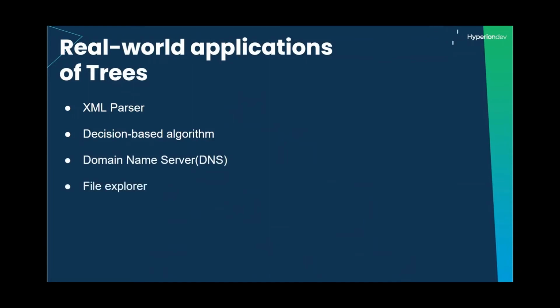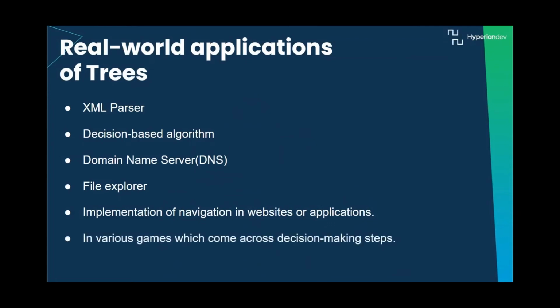Next, our file explorer or any file system on your mobile phone also makes use of trees. Implementation of navigation in websites or applications also makes use of trees. And it is very commonly used when you come across decision making steps in games.